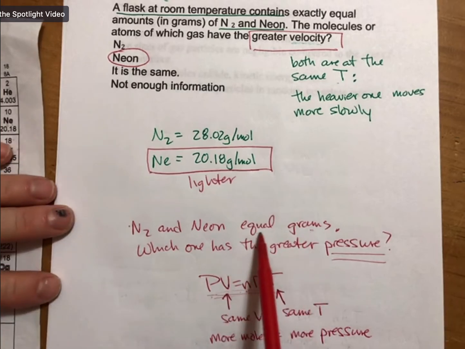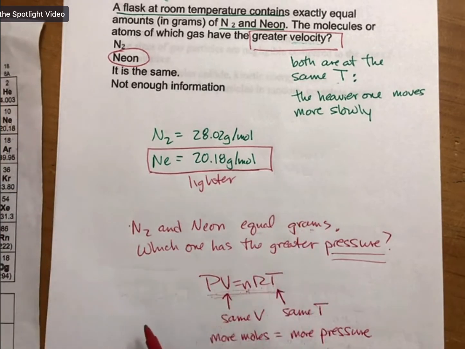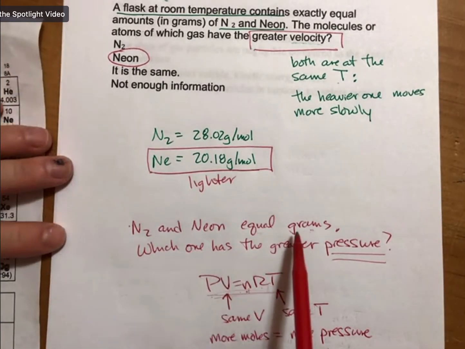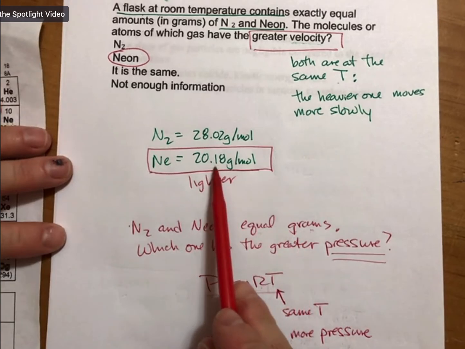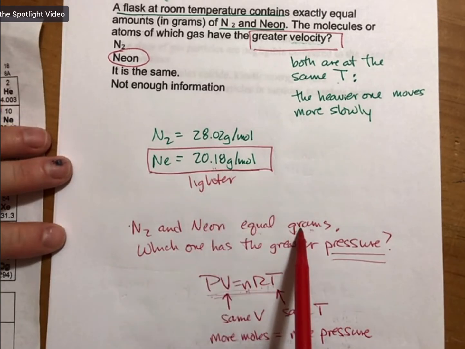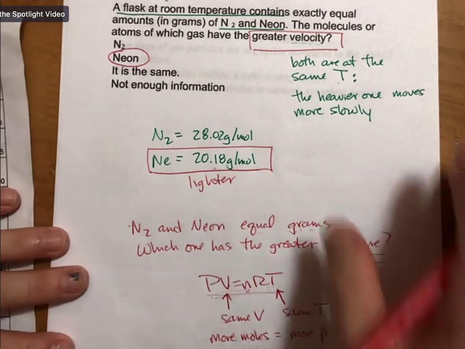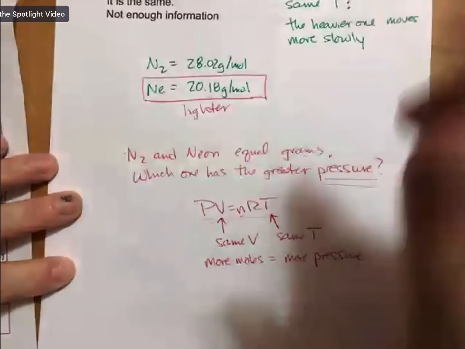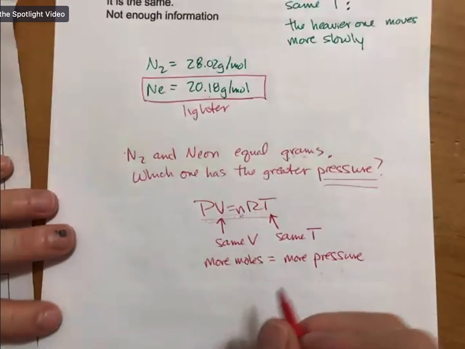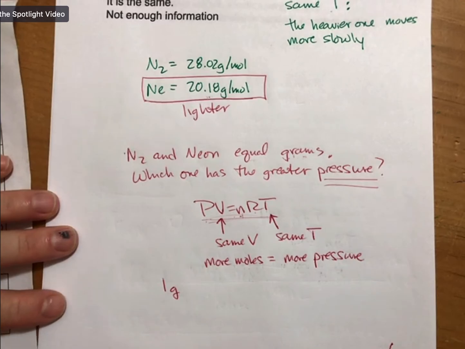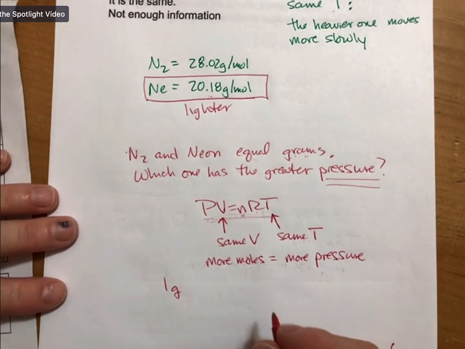And well, if they have equal grams, you can pick any number you want and figure out the moles, or you can say, well, whichever one is lighter, if the grams are equal, the lighter one is going to have more moles. And again, if you want, just pick 1 gram of each and figure out the moles, totally possible.